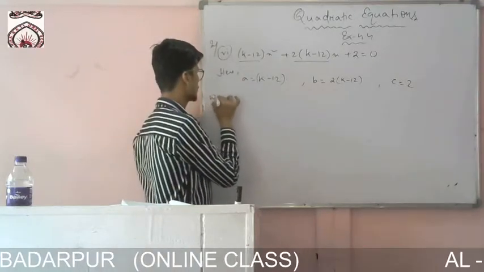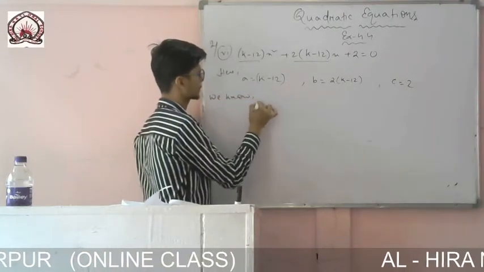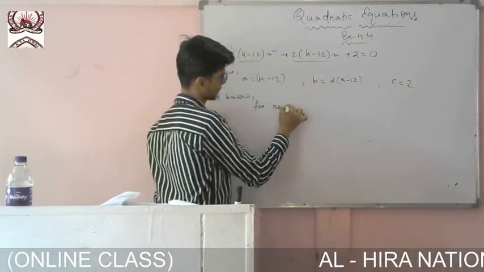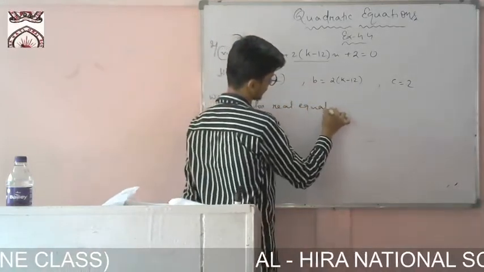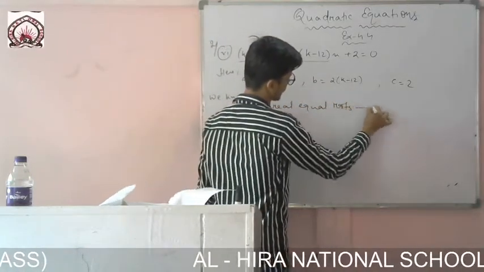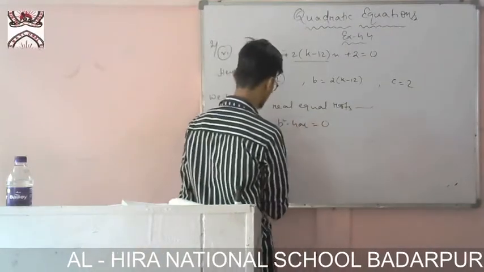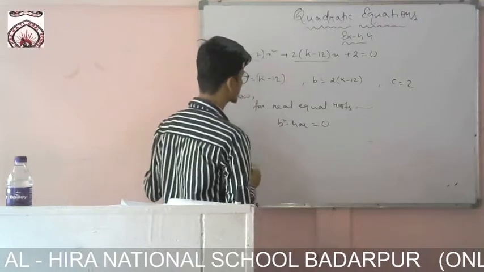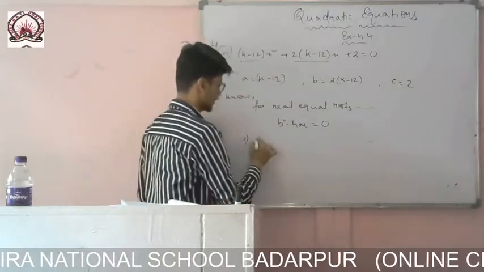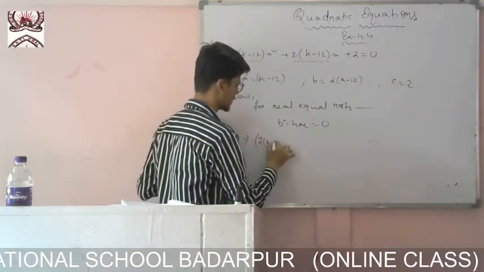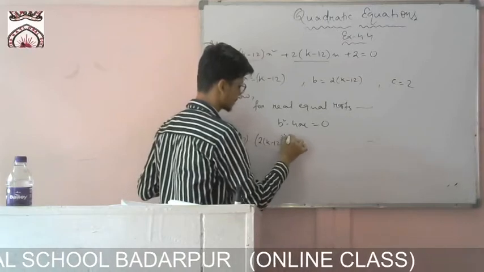So we know for real equal roots, b square minus 4ac equals to 0. So b square. Which one is b? It is 2(k minus 12) whole thing square.